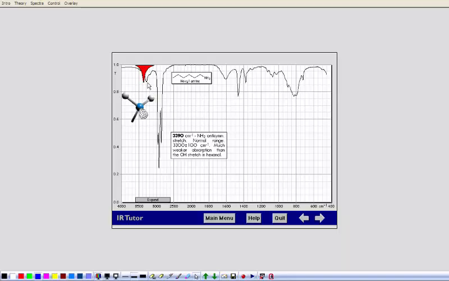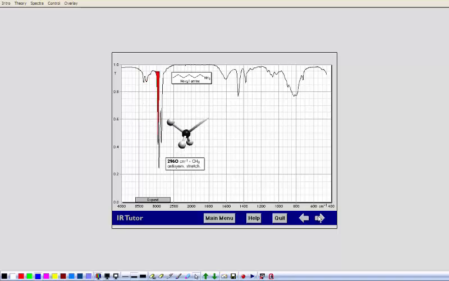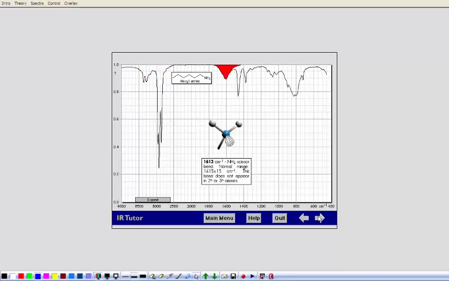Okay? So look over these spectra as you go through the homework. There's the asymmetric stretch, the symmetric stretch, then bending and everything else.